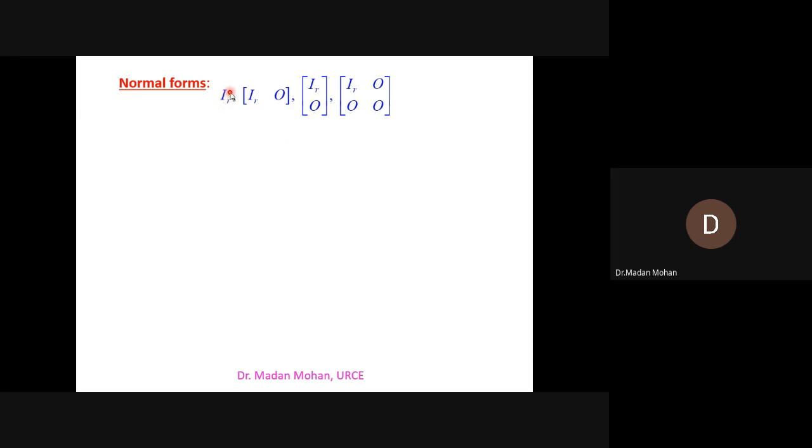Now, the largest non-vanished minor here is of order R. Hence, the rank of IR is R. Here also, the rank is R because the unit matrix determinant is 1, which is non-vanished. You have an rth order non-vanished minor. Hence, its rank is R. Rank of any one of these matrices is R. Next.